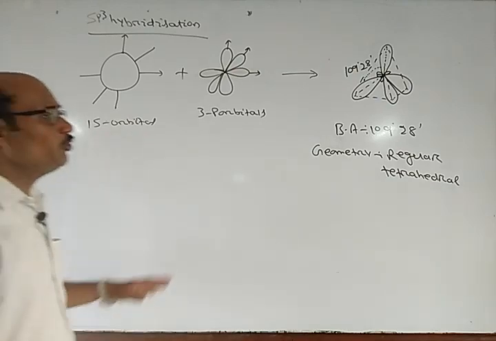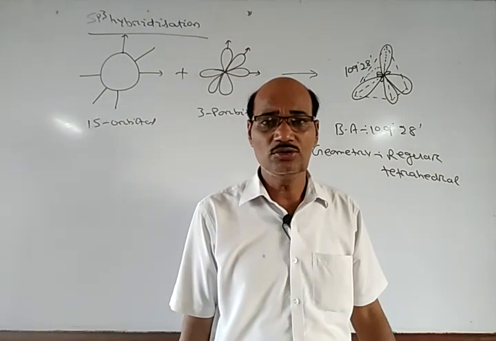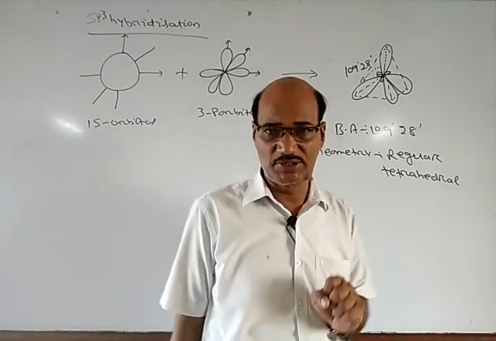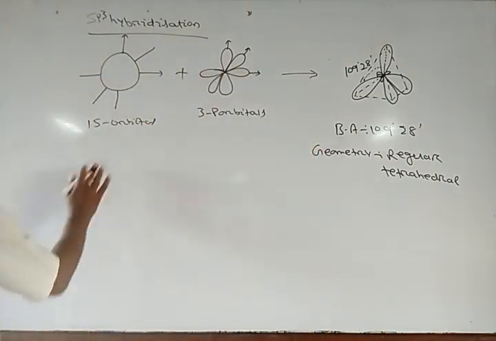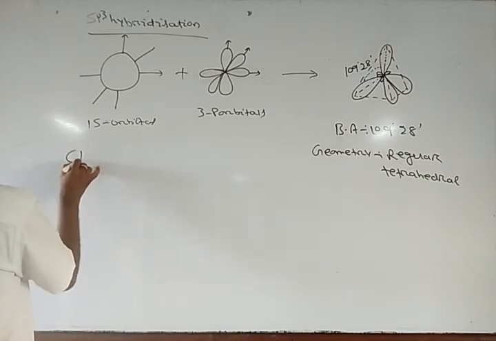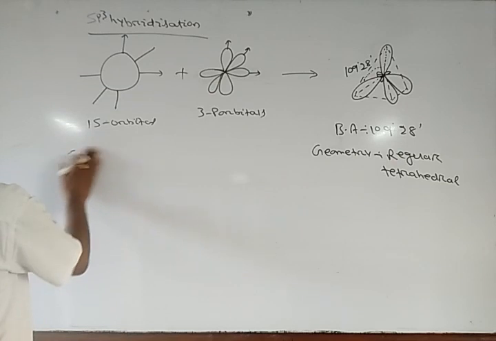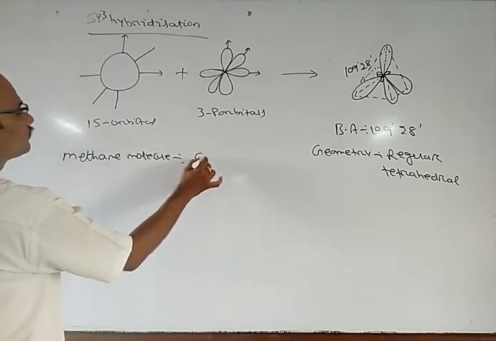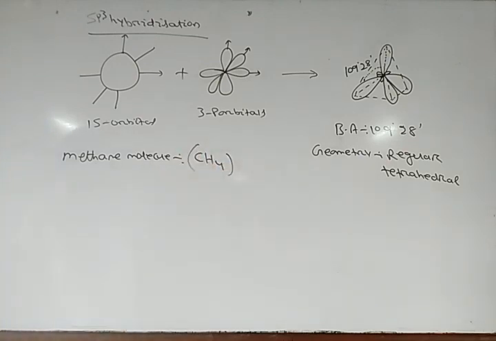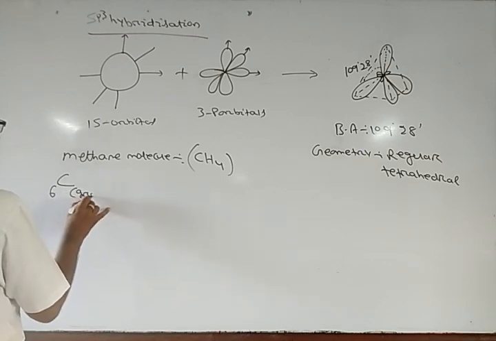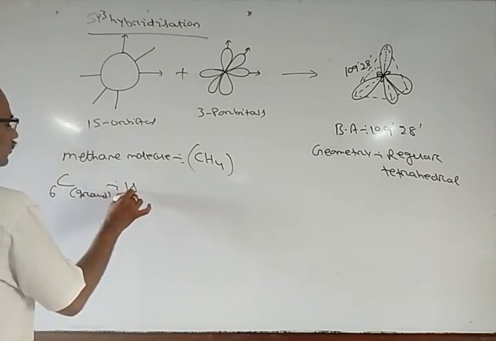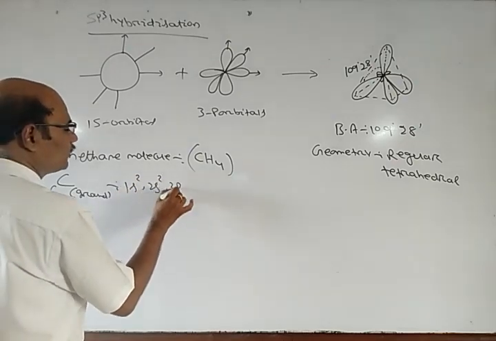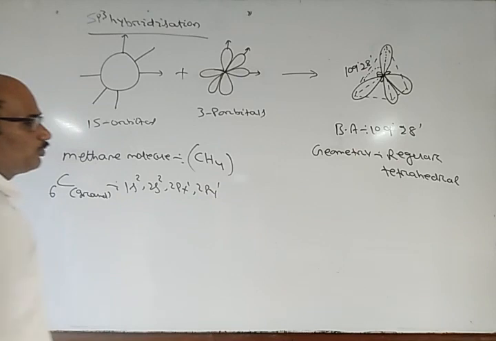Okay. So, when this kind of hybridization takes place, you can take the example of methane. If I take the methane molecule, CH4, same thing: carbon 6, ground state 1s2, 2s2, 2px1, 2py1.